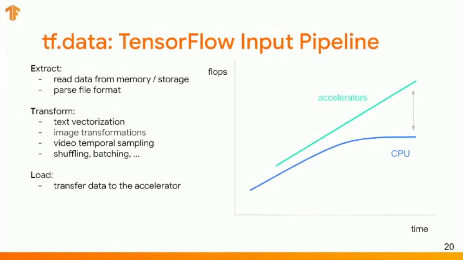So in that you see at the right, we can see the CPU and the accelerators. For a long time, the capacity and the speed of a CPU was doubling in a very exponential way.